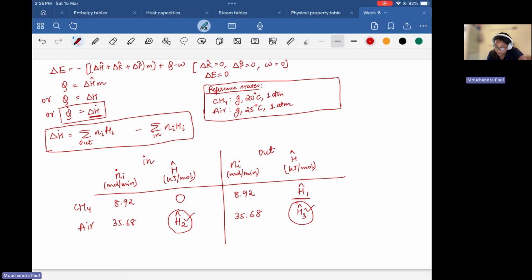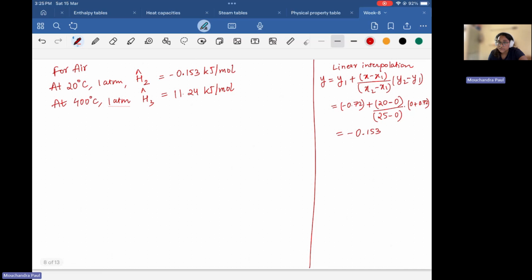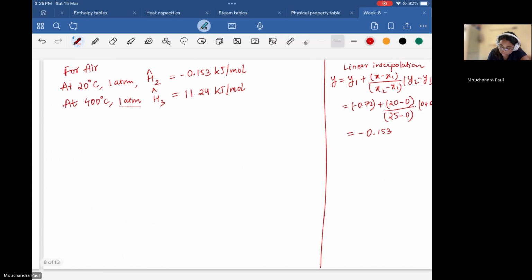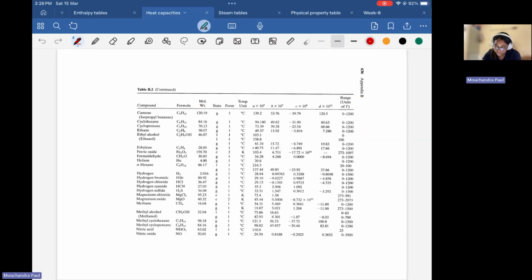So how do we calculate that? We can calculate it using the heat capacity equation, Cp of CH4. How would we find the heat capacity equation?